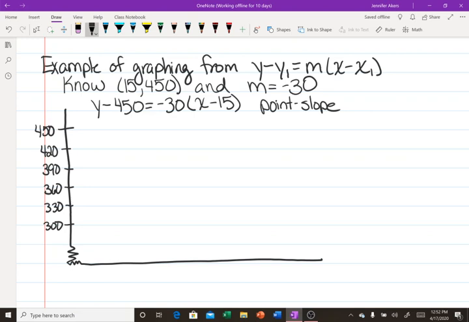Actually, let's not break the x. I'm going to leave the x the way it should be. I'm just going to be very careful about my labeling.